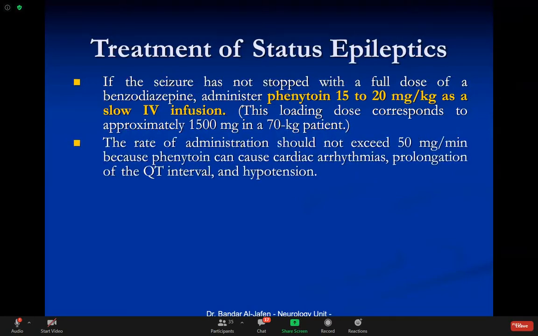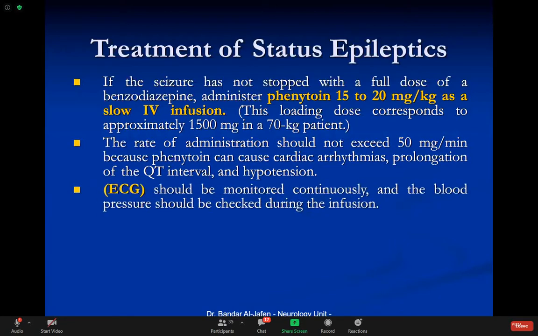The rate of administration should not be more than 50 milligrams per minute, so you can avoid some of the side effects. That's the fastest you can give. ECG should be monitored continuously, and the blood pressure should be checked during the infusion, because it can cause arrhythmias or severe hypotension.